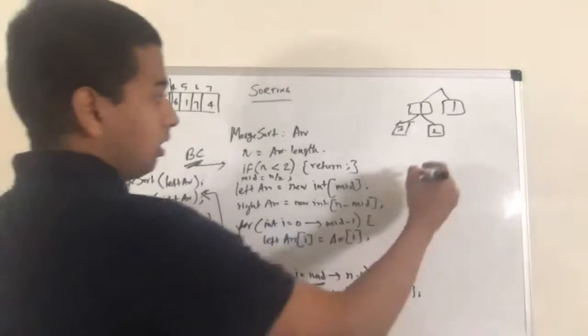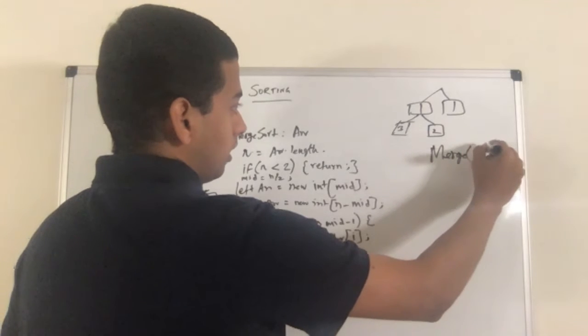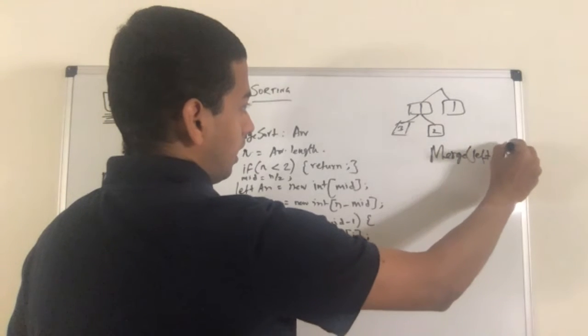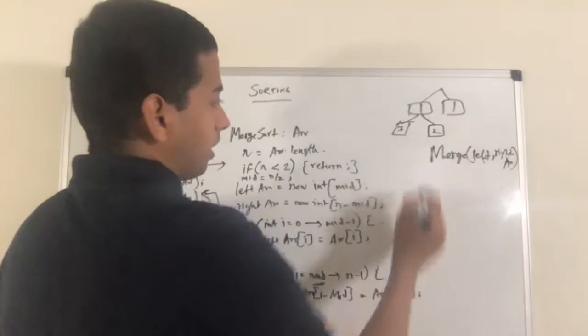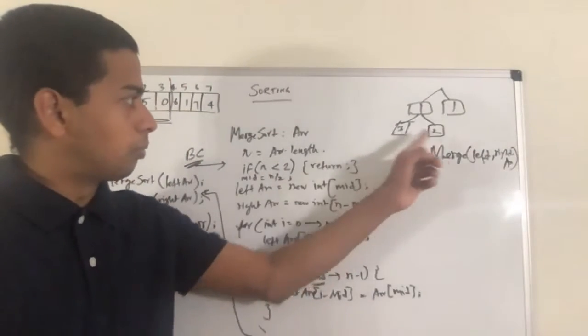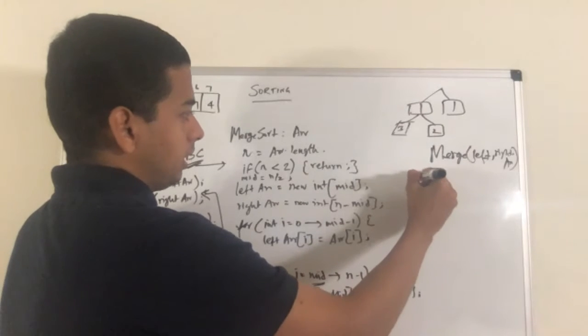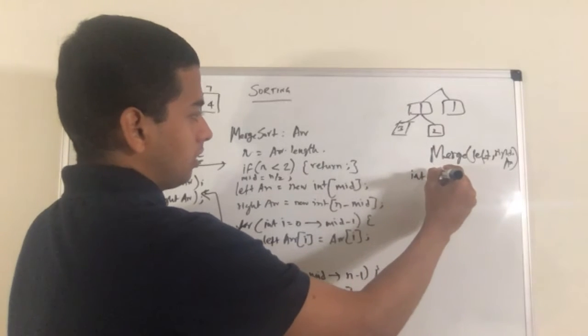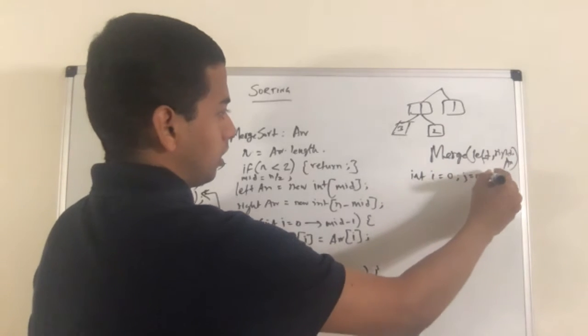Now I'm going to write the logic of merge here. What is merge doing? Left, right, and its parent array. This is its parent array, left and right. Think about it. I told you the 2-pointer approach, correct? So first we are taking int i equal to 0, j equal to 0, k equal to 0.